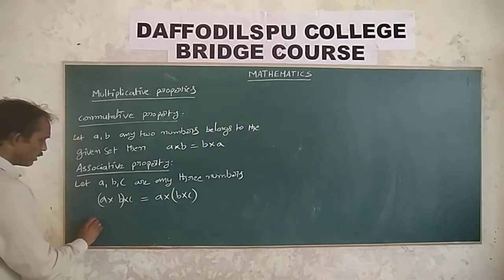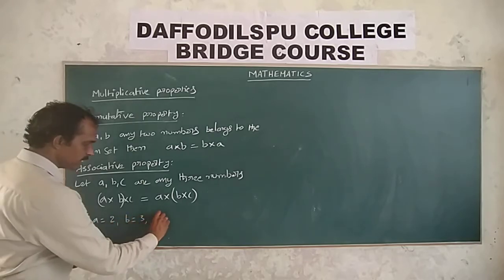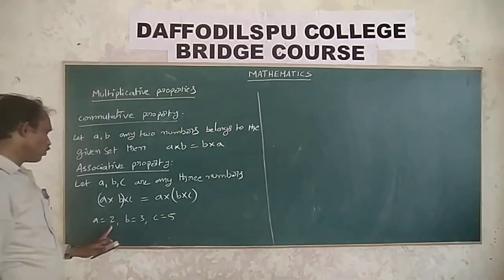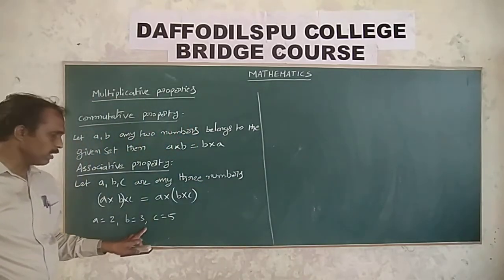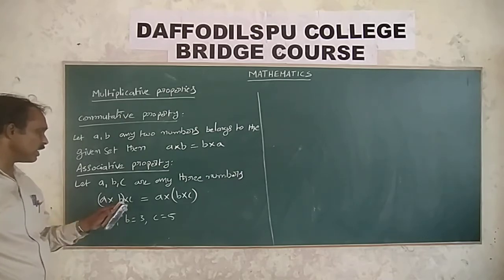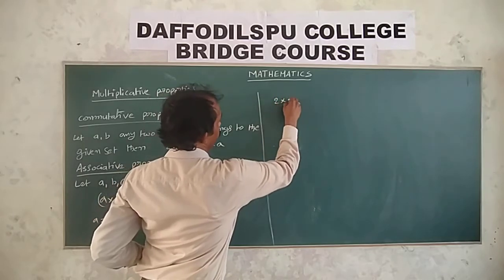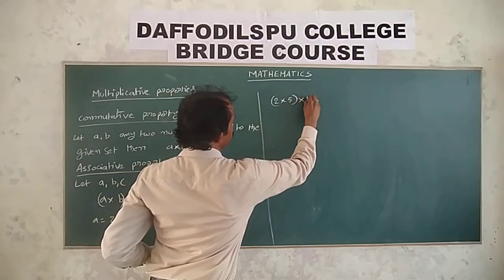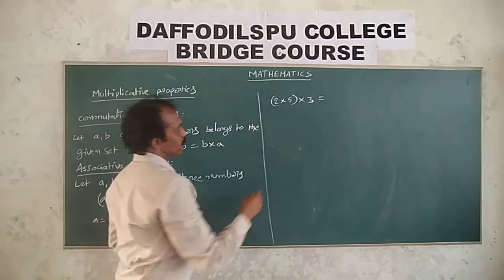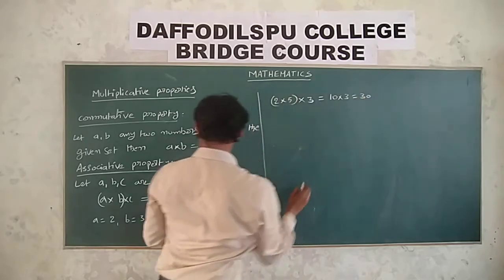For example, A is equal to 2, B is equal to 3, C is equal to 5. Let's check that. First of all, the LHS side. A into B means 2 into 3, which is 6, into 5, which is equal to 30.